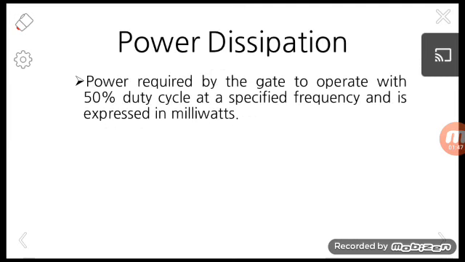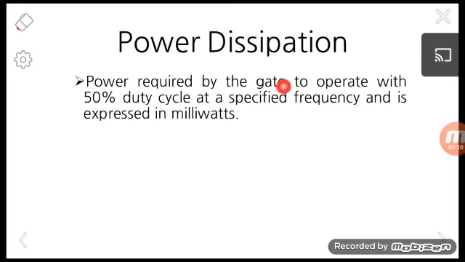The next specification is the power dissipation. It is the power required by the gate to operate with 50% duty cycle at a specified frequency, and it is expressed in milliwatts.